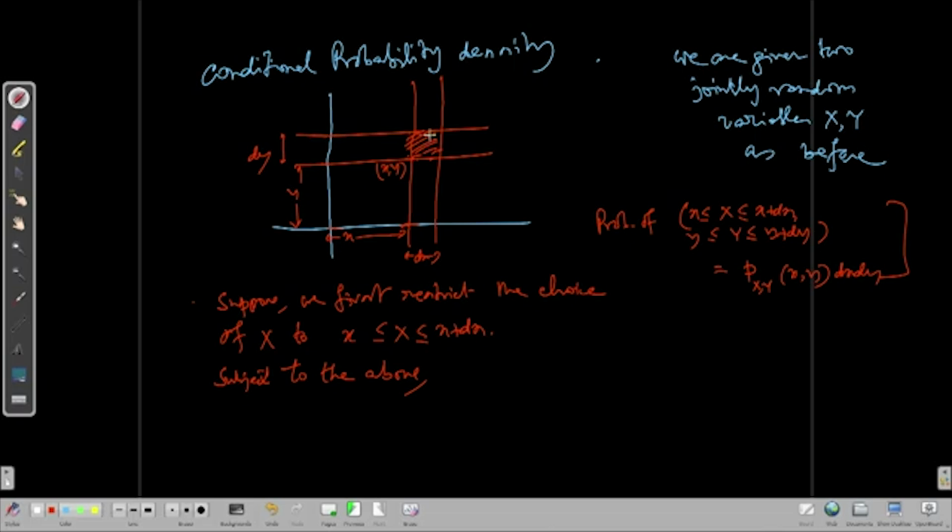So, subject to the above, probability of capital Y lying between y and y plus dy, which is equivalent to X Y lying in the shaded box.